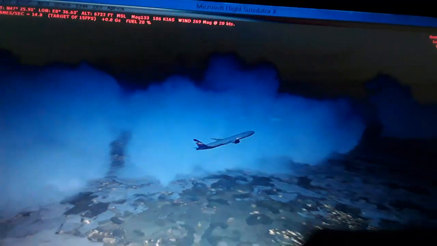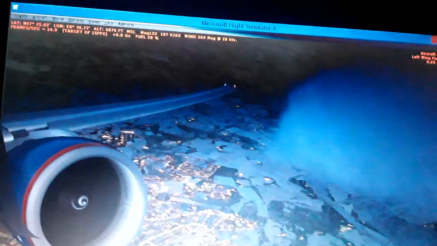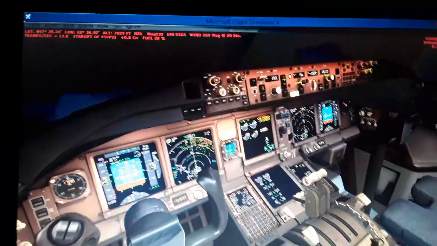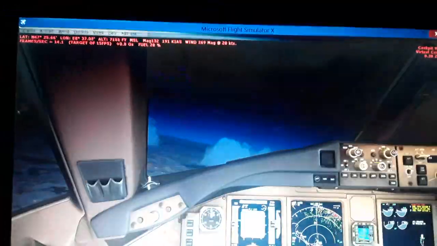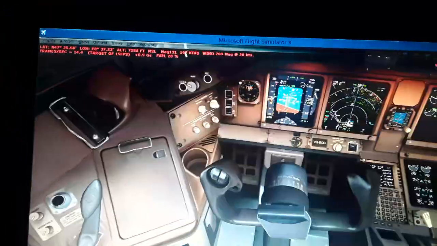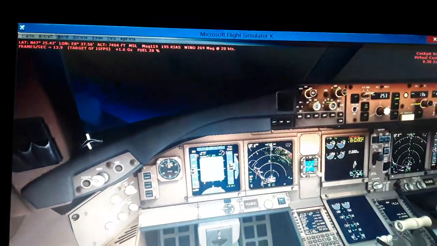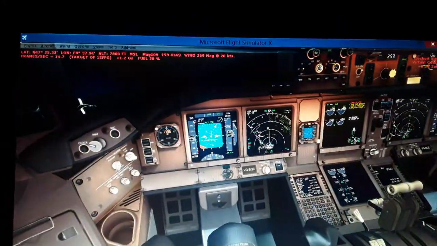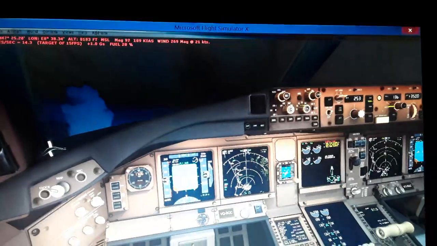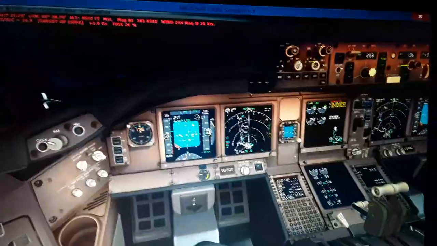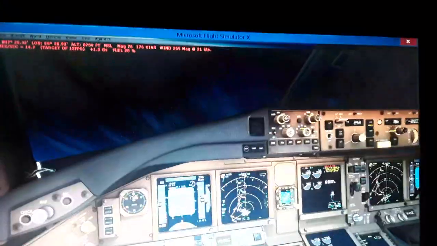You can see also the outside view over here as we climb. So we need to start making the turn. You have to pay attention to the stall speed all the time over here, not exceed the stall speed limit as you make a turn or climb.